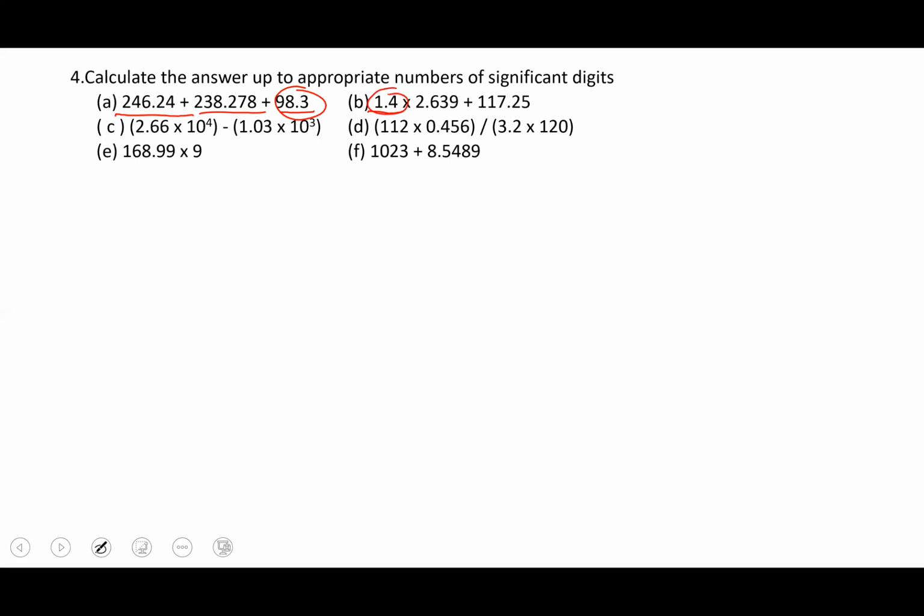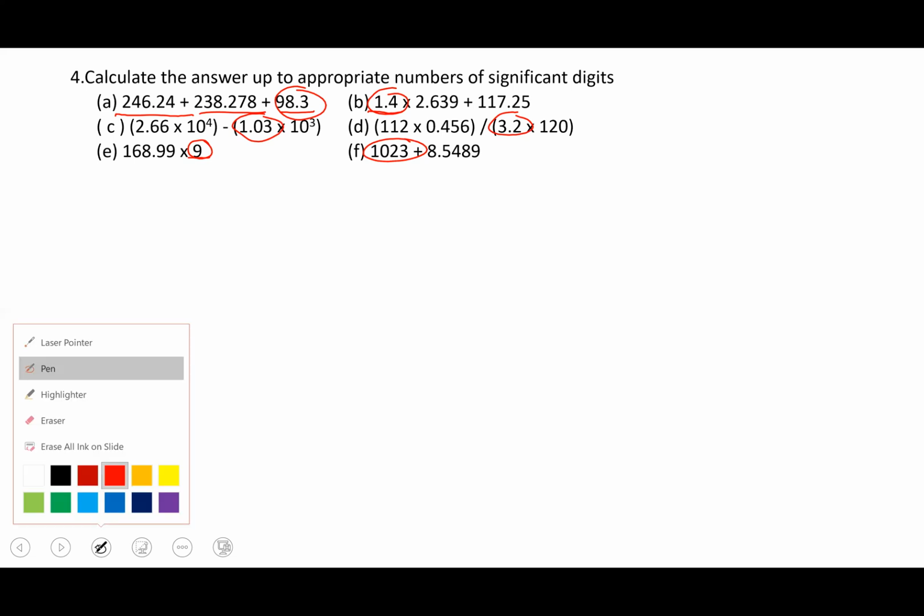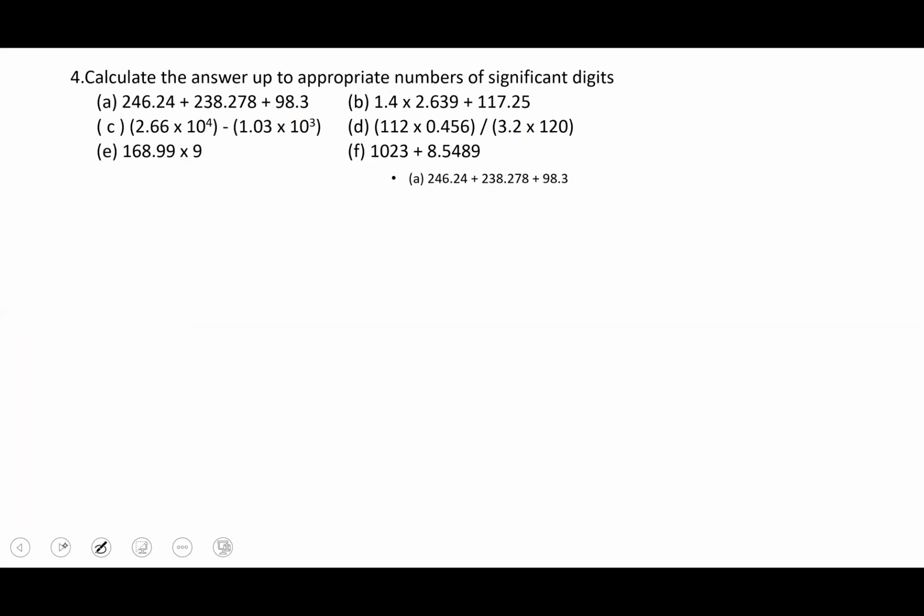Over here we have up to 3 significant figures, and after the decimal there are 2 digits. Over here we have 3 and 2. Over here we have 1 significant figure as 9. Over here we have 4 significant figures. So we have to write down the answer in this special form. Keeping that in mind, let us solve for the first one.